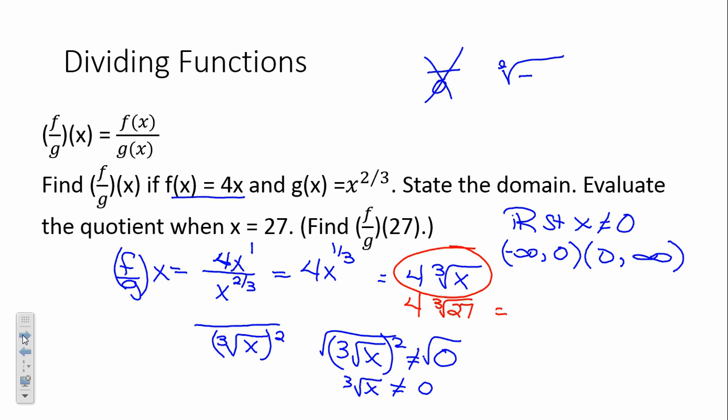Cube root of 27 is what, Christian? Then 3. And 4 times 3 is what, Christian? Okay. Didn't have your calculator, that's why.